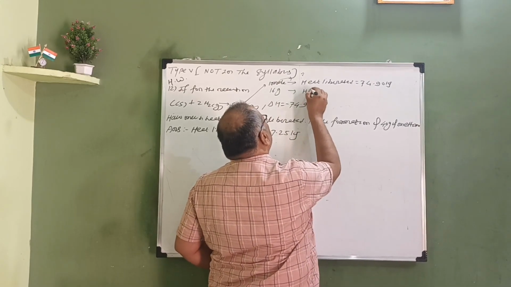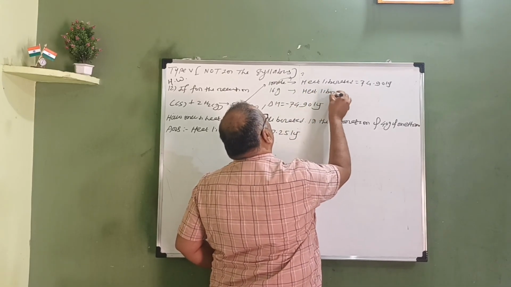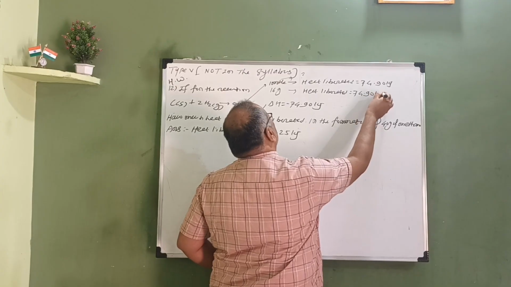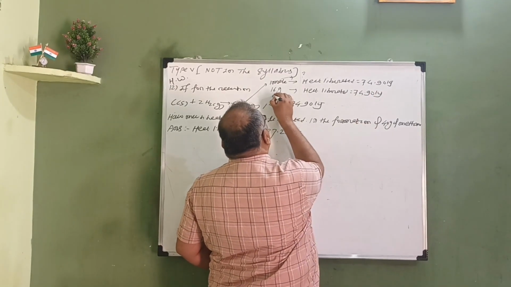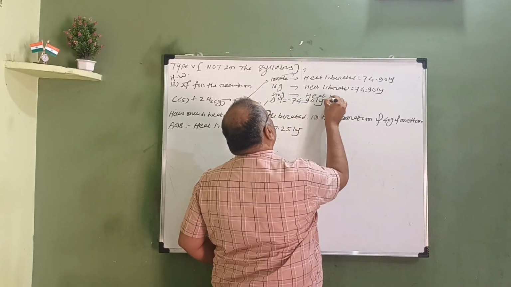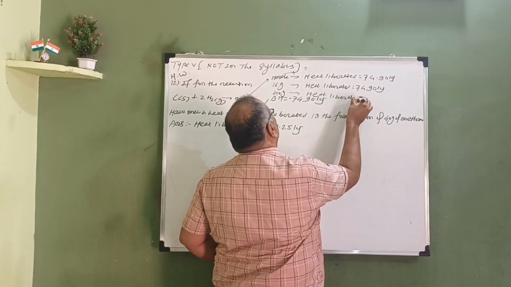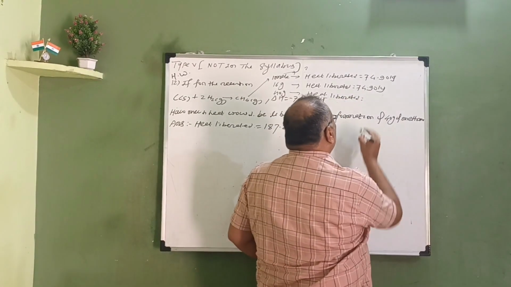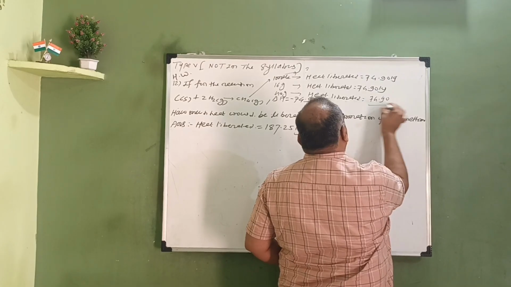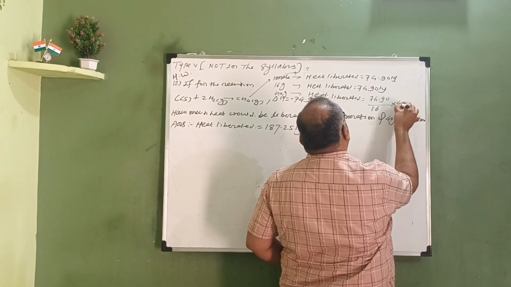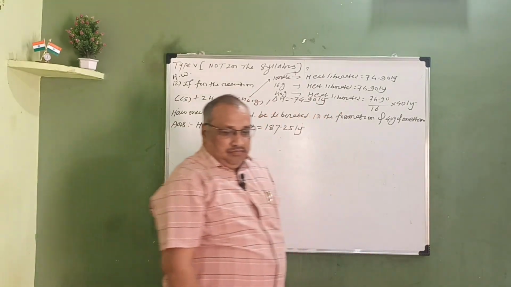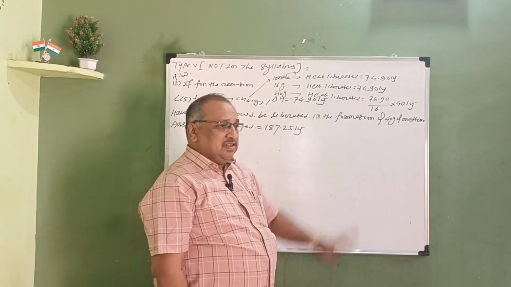That means here heat liberated equal to 74.90 kilojoule, and find out for 40 gram. That means here heat liberated equal to 74.90 upon 16 into 40 kilojoule. Try to calculate this value.